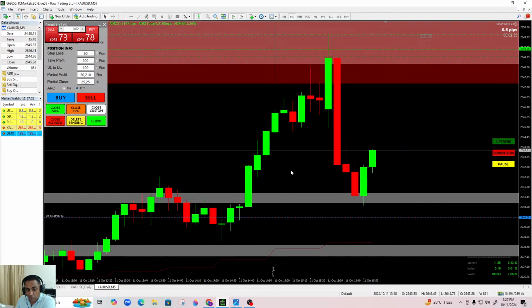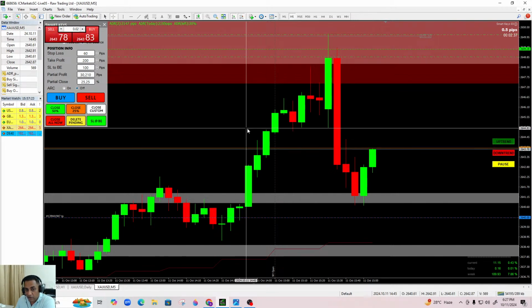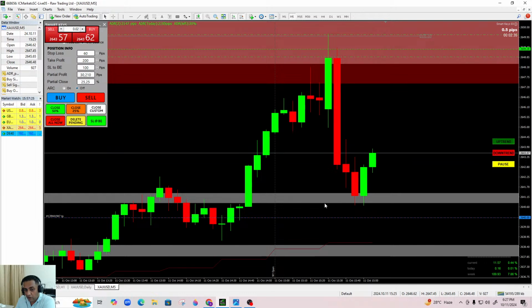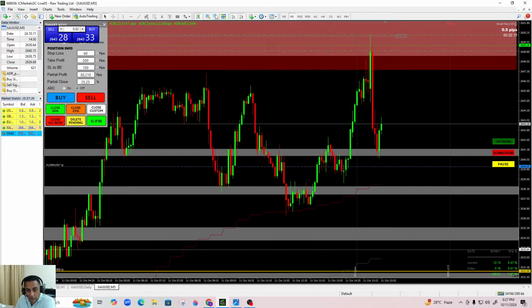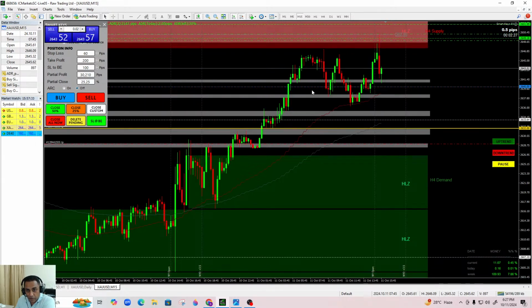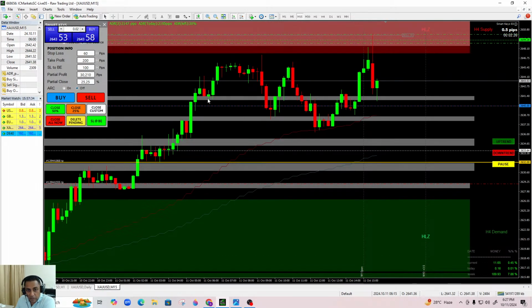If I had drawn this zone somewhere here, I would not have understood why this happened. But because I've drawn it correctly, you can see the number of touches here on the 15-minute. That is why you draw it like this, and then you get a reaction when price comes there for the first time.